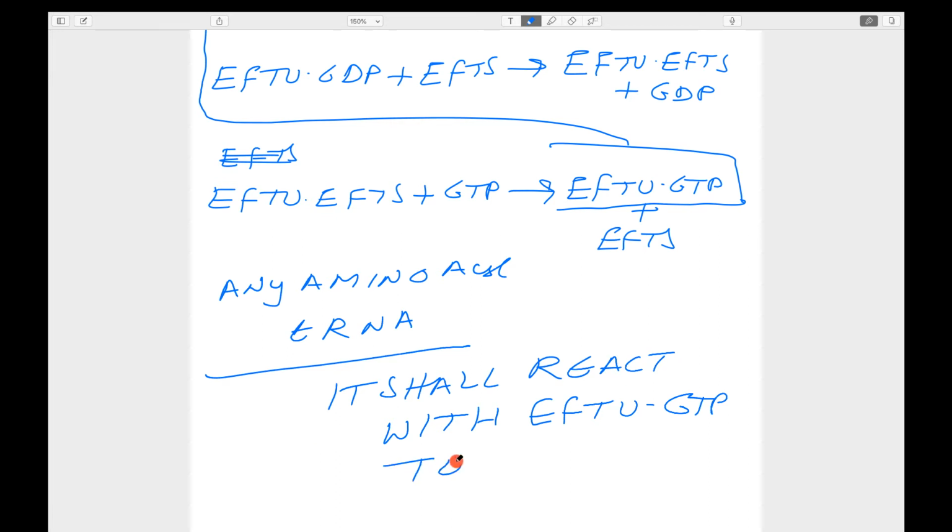To enter a polypeptide, it has to react with the EF-Tu GTP. If it doesn't react, it cannot enter. That condition has to be fulfilled.